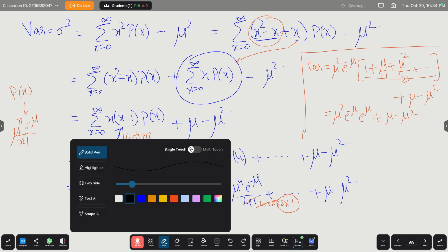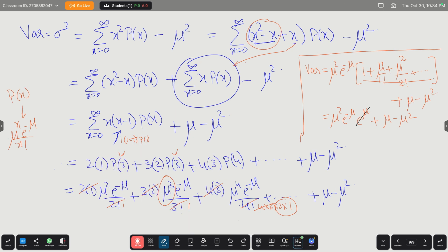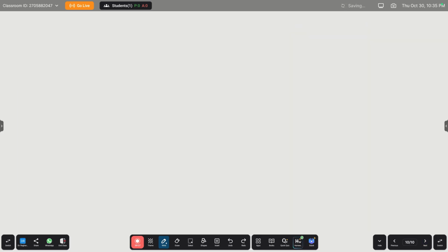Now this e power mu and e power minus mu has gone, so you are left with mu square plus mu minus mu square, and at last you can cancel mu square minus mu square, and you will be left with the proof that variance is mu. Okay, so mean and variance both are mu itself in case of Poisson distribution.